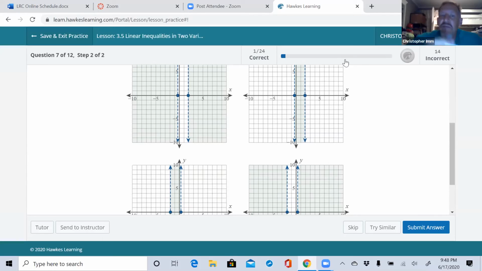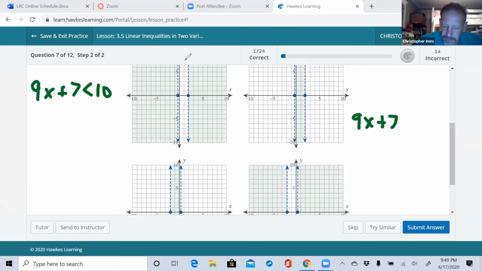Now we're looking at 2 dimensions, so we're looking at actual lines dividing these things. And this should make sense because the 2 inequalities were 9x plus 7 is less than 10, and the other one was 9x plus 7 is greater than -10.